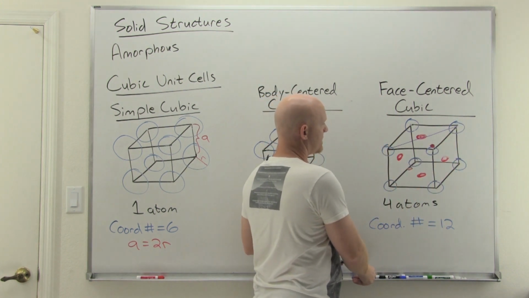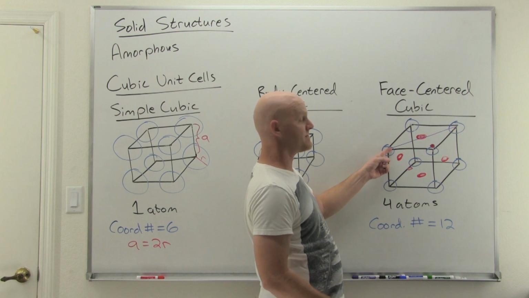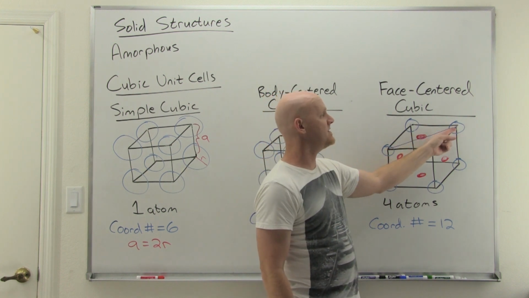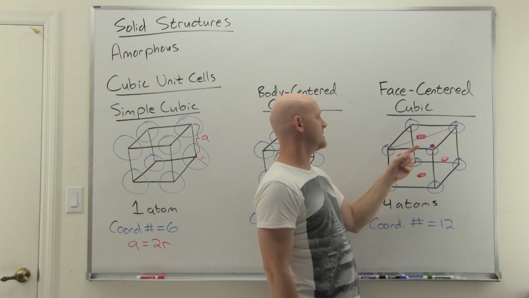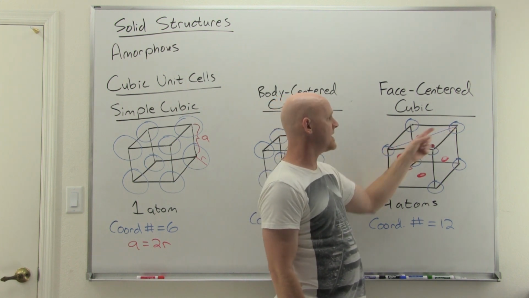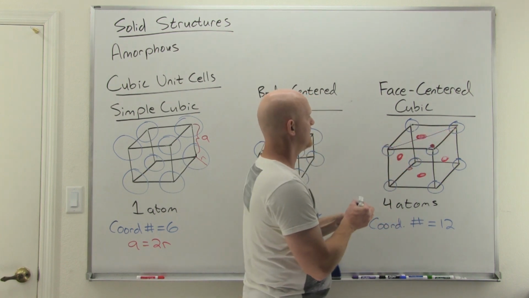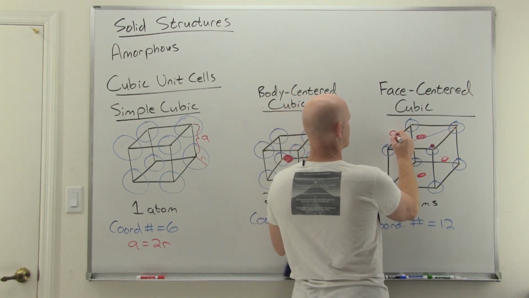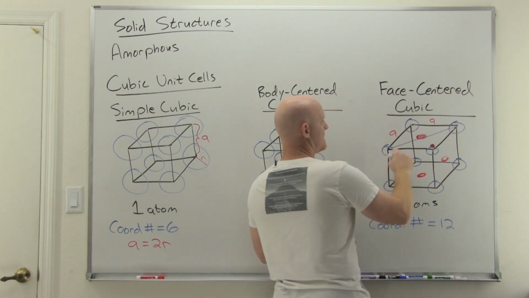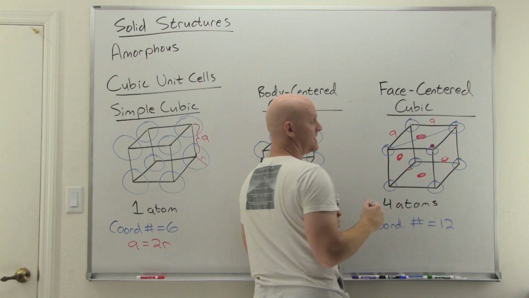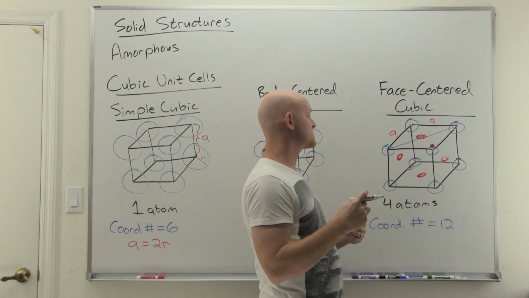Right across that diagonal, you'll have the radius of this corner atom, the entire diameter of the face center atom, and then another radius of the other corner atom. So that's a radius, a diameter, another radius, which is really just 4 radii, and that's the diagonal across. Notice this edge length here again is A, this edge length is A, and if you work it out with the Pythagorean theorem, you'd find that the diagonal is equal to the square root of 2 times A.